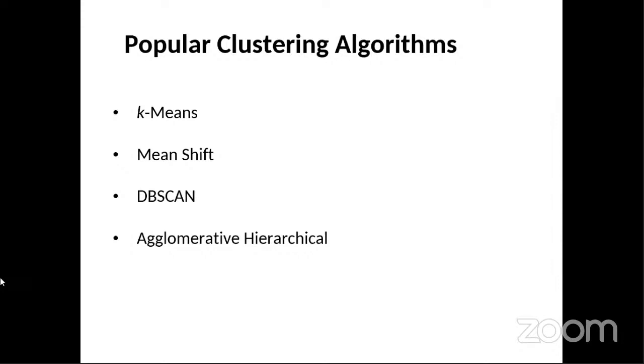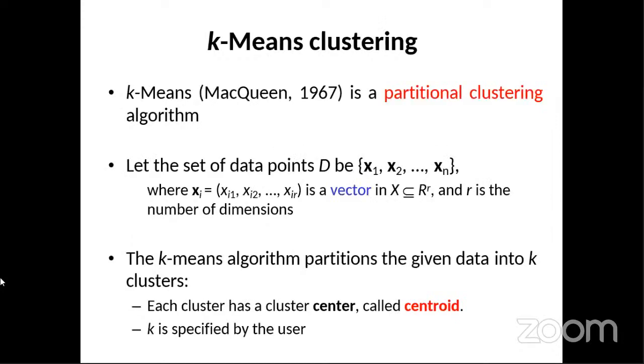There are many very popular clustering algorithms which have been used a lot by social network researchers for clustering or community detection given a social network graph. And today I'll just brief on k-means and agglomerative hierarchical, from these popular clustering algorithms.